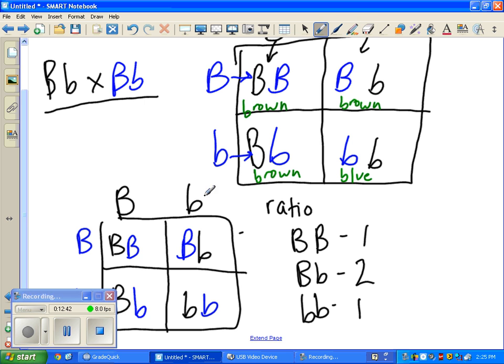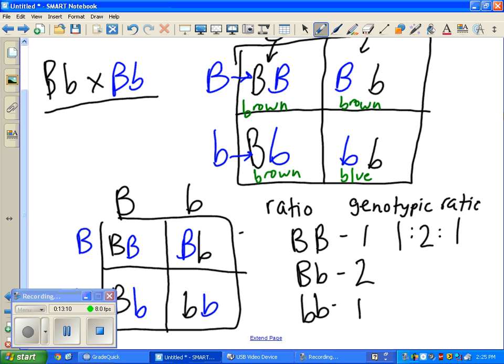So all you do for your ratio is you just say 1 to 2 to 1. So this is our genotypic ratio. Ratio, not ration. Genotypic ratio of crossing two heterozygotes is going to be 1 to 2 to 1. That's how you say that.